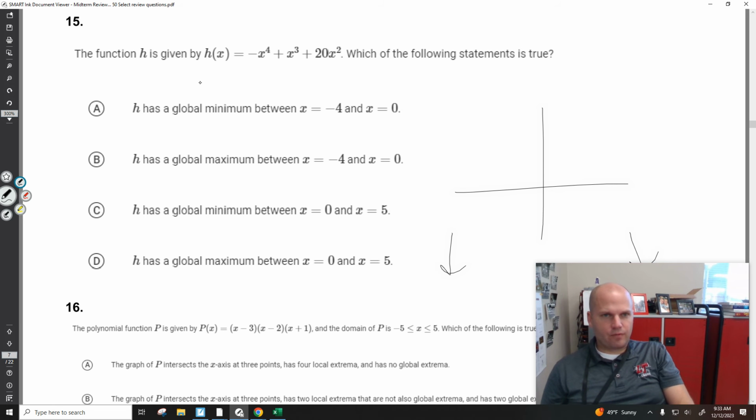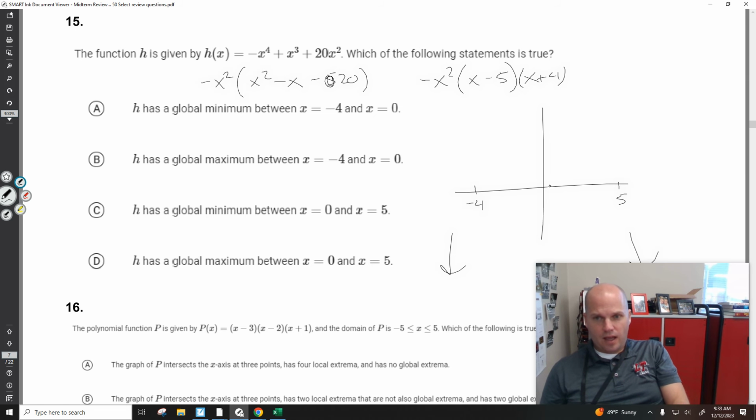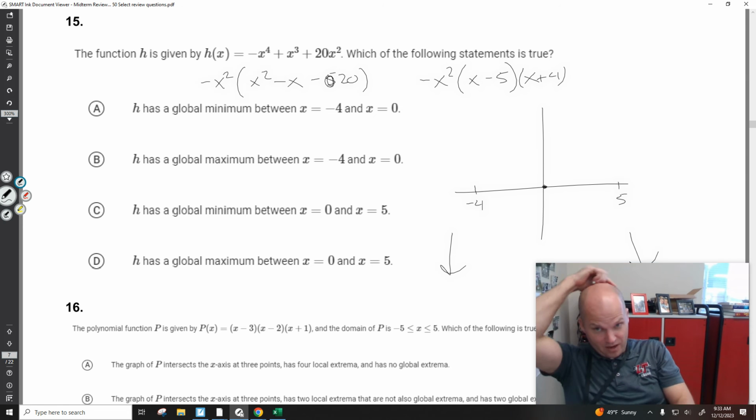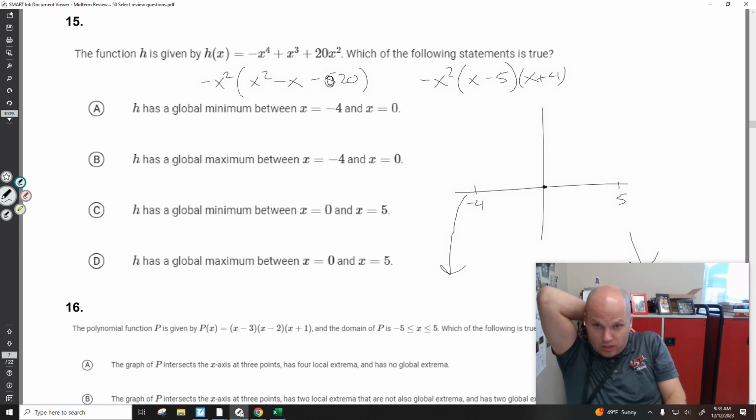I'm going to factor out a negative x squared, and I get positive x squared minus x minus 20, which factors to be x minus 5, x plus 4, which means I have a 0 at -4, I have a 0 at 5, and I have a 0 at 0, and it's going to bounce. I'm going to pass through here. I'm going to bounce off of here. I'm going to pass through here.